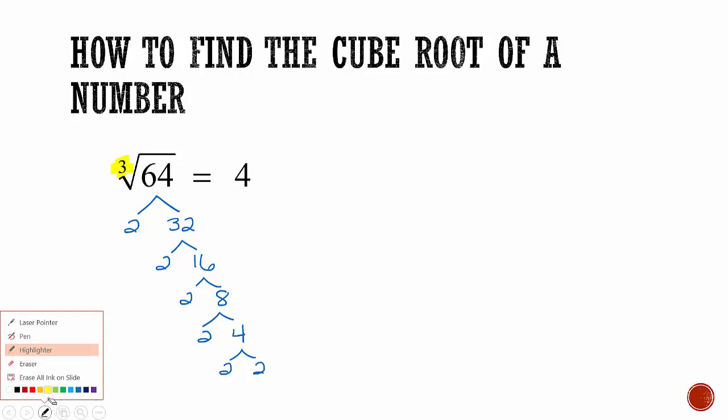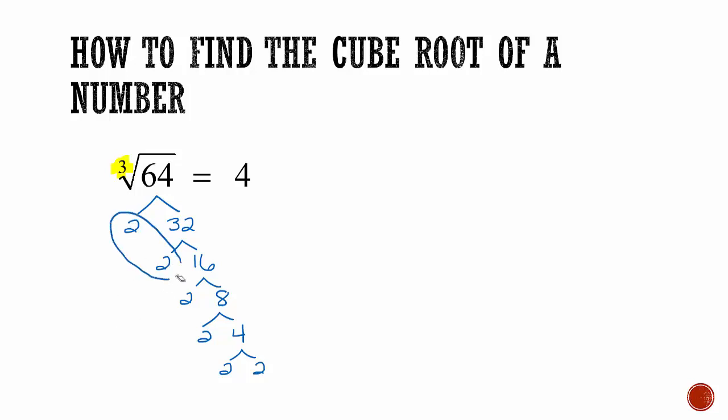So what that little 3 tells us is that we're looking for things that appear 3 times. So if we were to put all this back together, you look and you have a group of 2's, a group of 2's, and a group of 2's. So we have 3 groups of 2's.